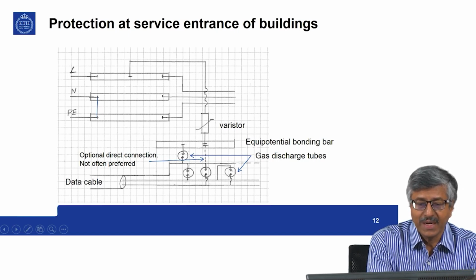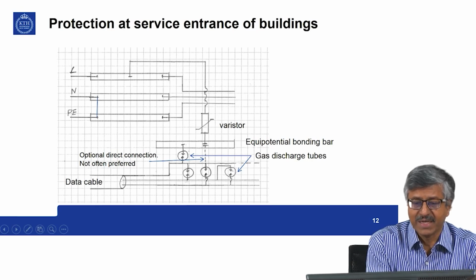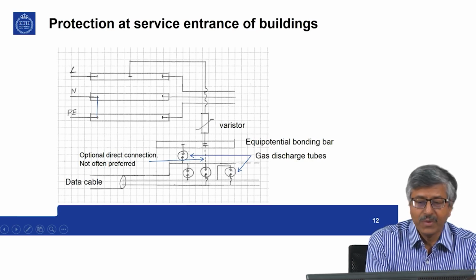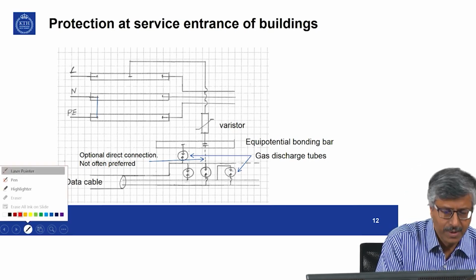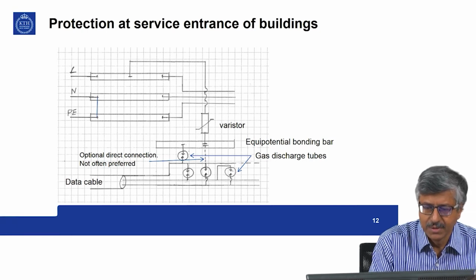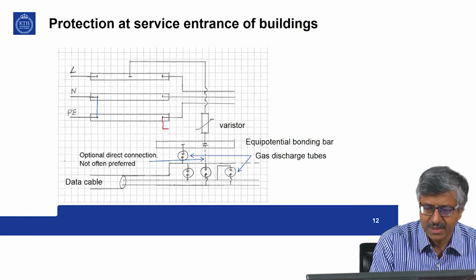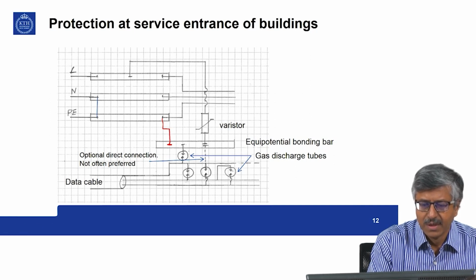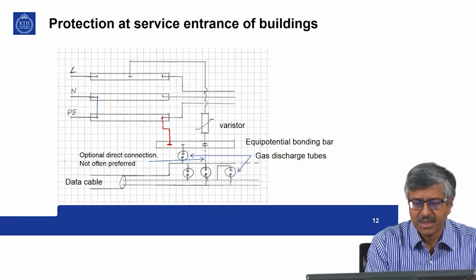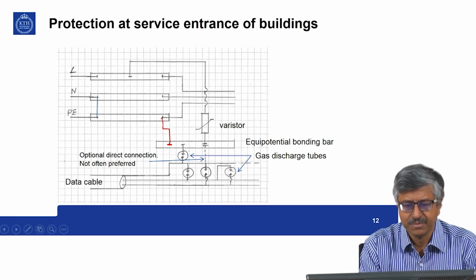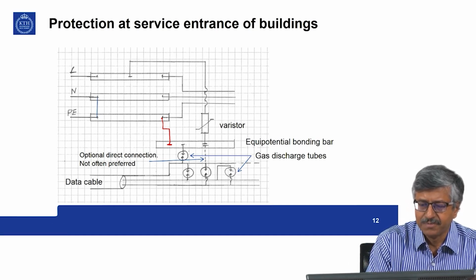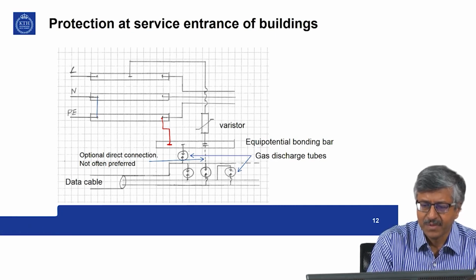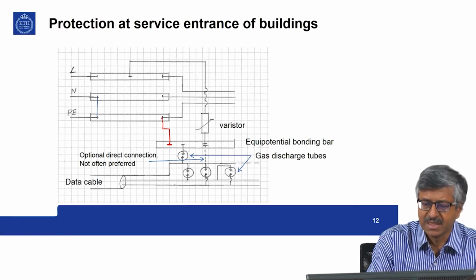Neutral and PE are connected together at the service entrance, and so this connection was missing. So, earth PE is connected to the equipotential bonding bar. Then you have a surge arrestor between the lines. In case of a lightning surge, the surge arrestor will operate.